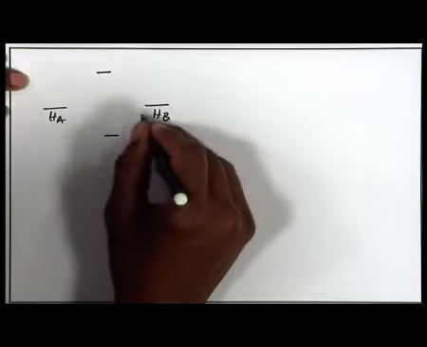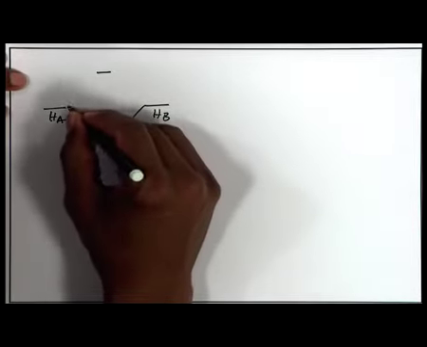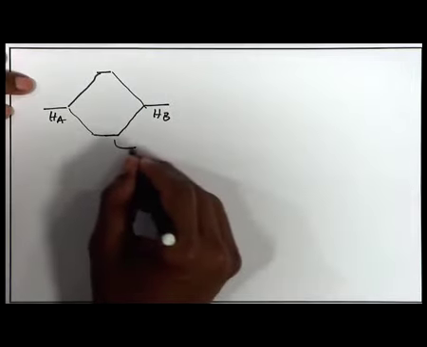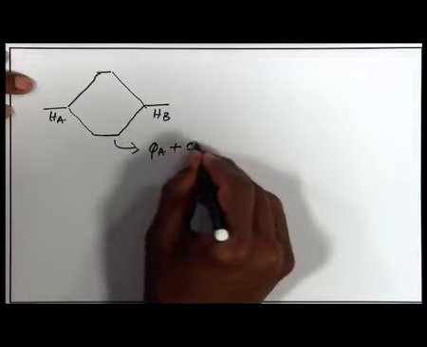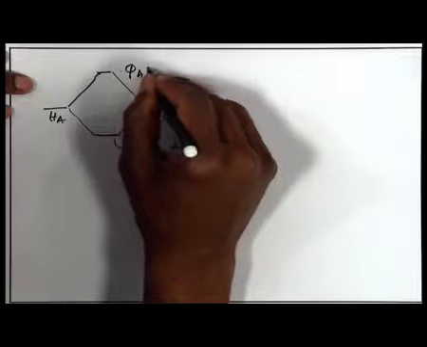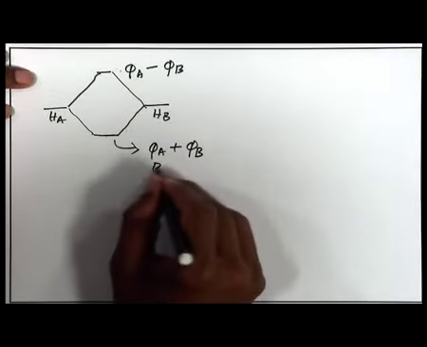These energy levels are the result of interaction between the two hydrogen atoms. So, this one is phi A plus phi B, this one is phi A minus phi B.